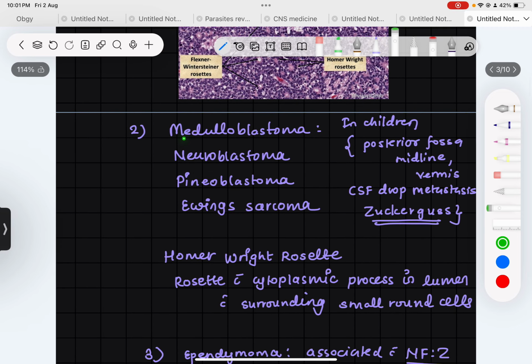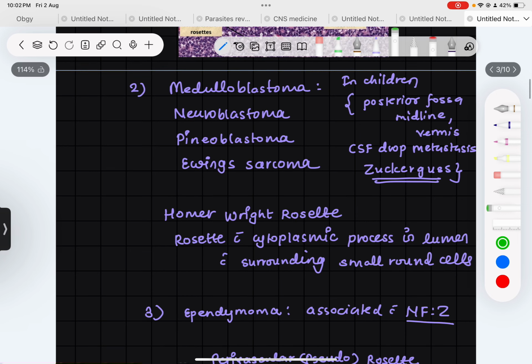Now the second one is medulloblastoma. Medulloblastoma is the most common malignant tumor in children, and what is the location? We know that it is in the posterior fossa and in the midline, and the metastasis is by CSF, known as drop metastasis.